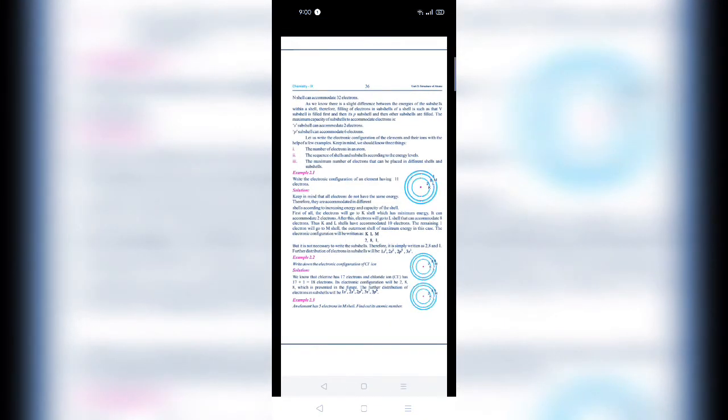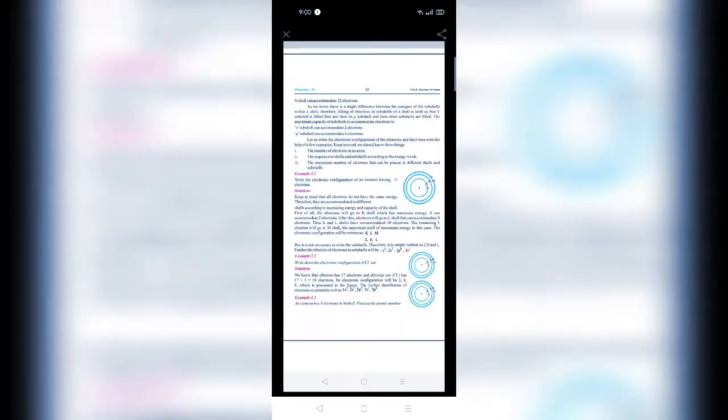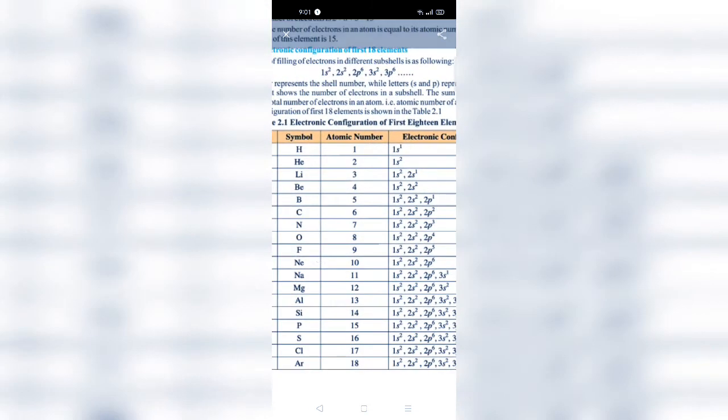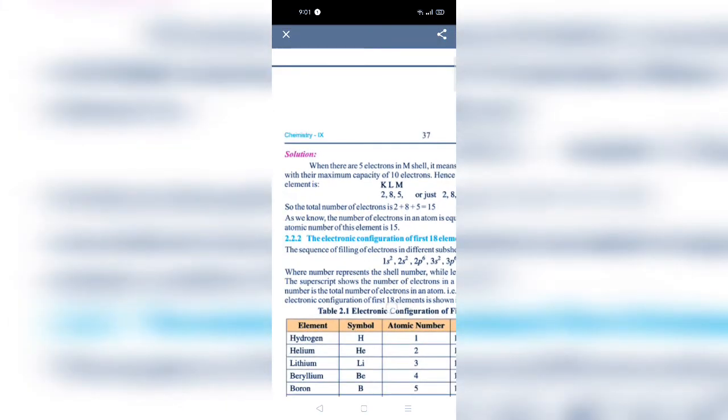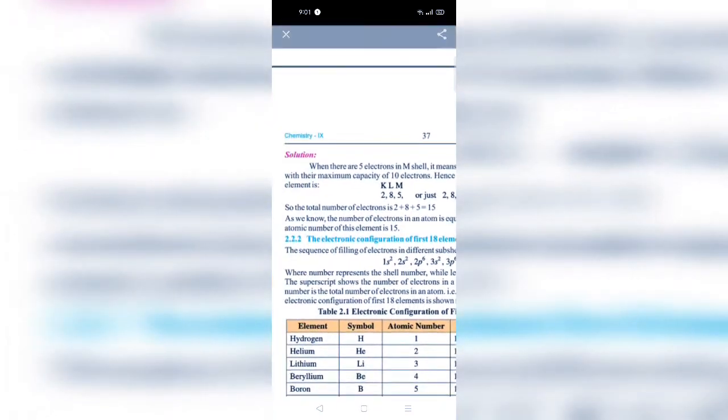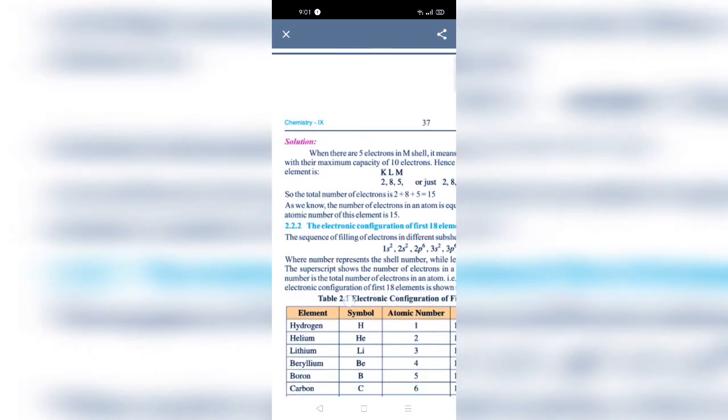And from the electronic configuration we can also identify the element. So, solution: K contains 2, L contains 8 and M contains 5, and the total number of electrons is 15.